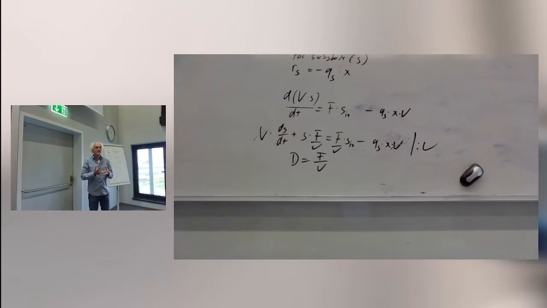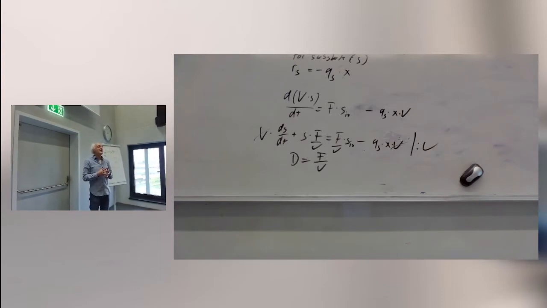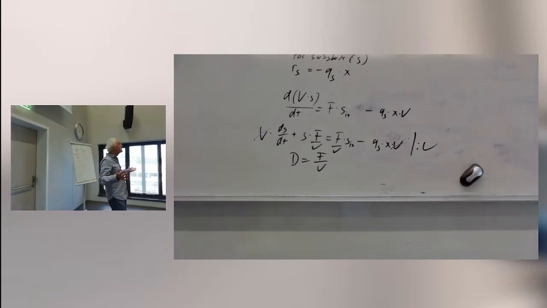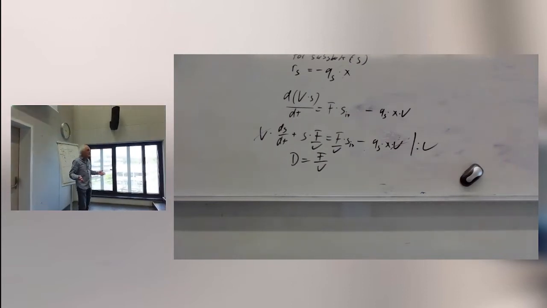This means if I pump in 2 liters per hour into a bioreactor, is that a lot or not? It depends on the size of the bioreactor, exactly. If I have a huge bioreactor, 2 liters will not be very much, but if I have a lab scale bioreactor which has 3 liters, 2 liters are a lot.